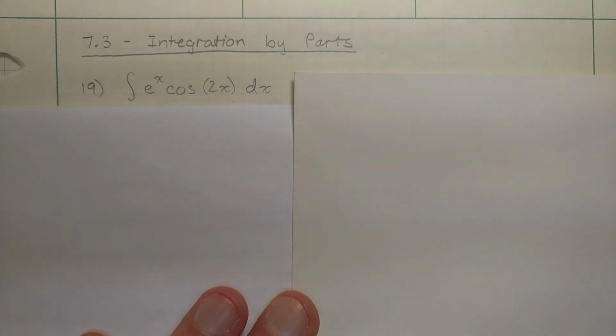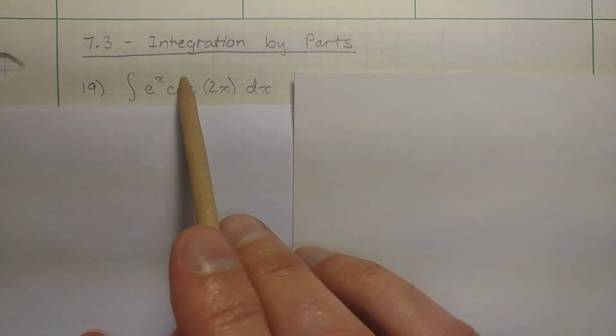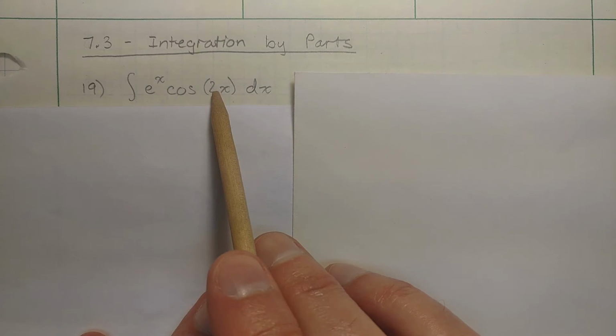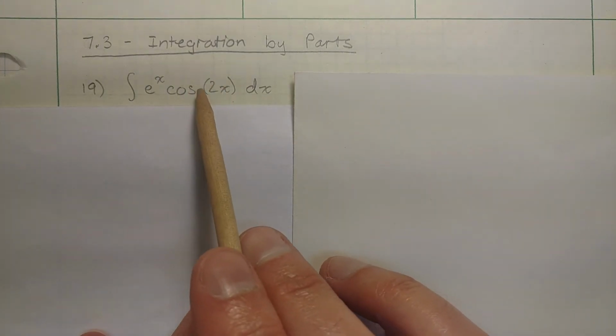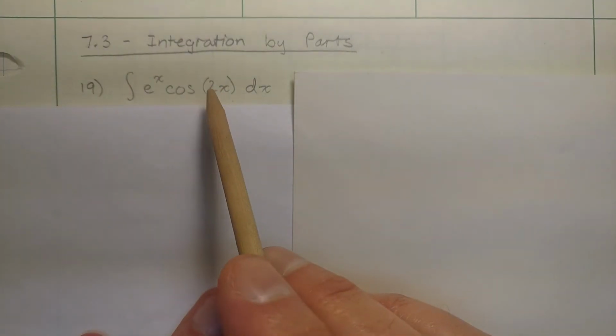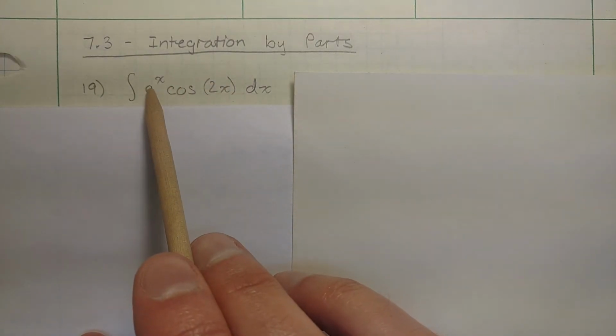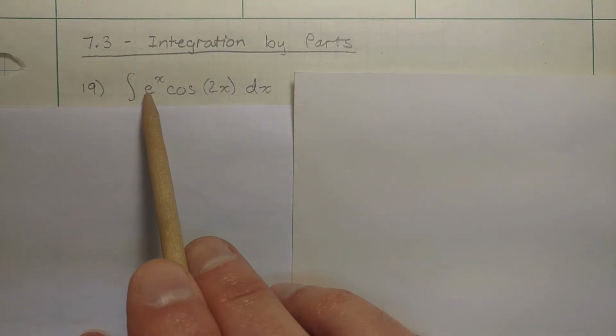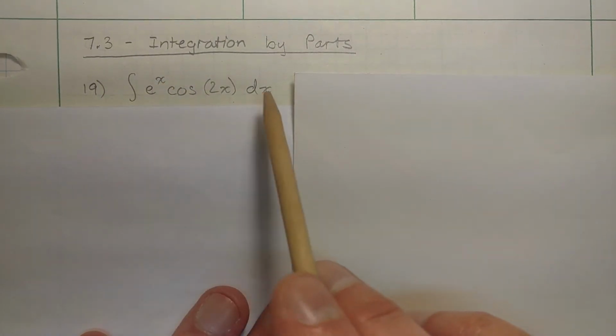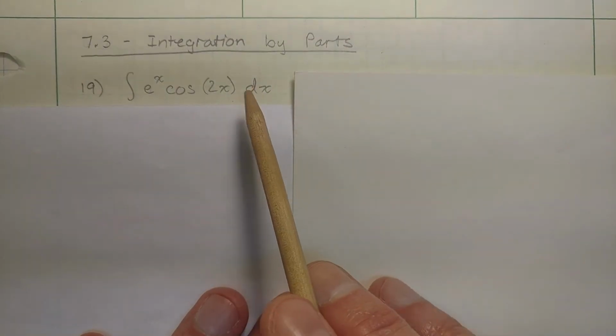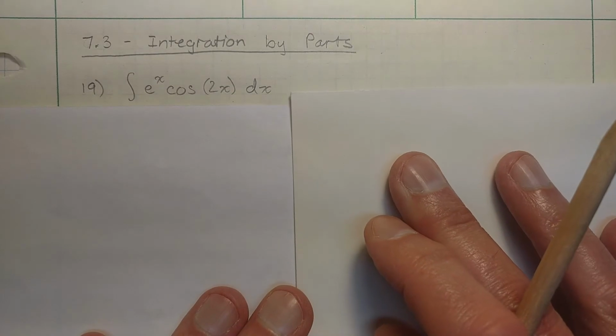But here's my suggestion. It's easier to take derivatives than it is to integrate. So I always pick the easier function to be the one that I'm going to integrate. Since this is going to take a little bit of chain rule if I differentiate, or use substitution if I integrate, it's going to be easier to differentiate this and integrate this. So I'm going to let my dv be e to the x dx, and I'm going to let my u be cosine of 2x.